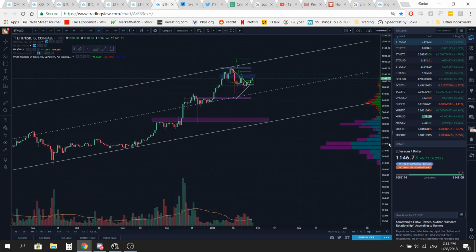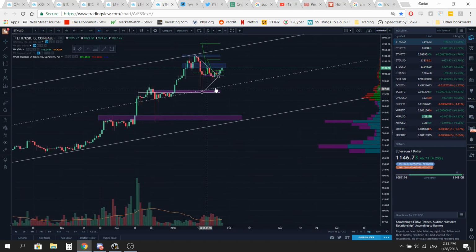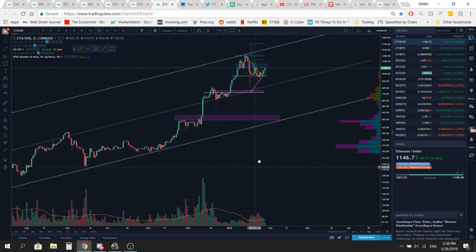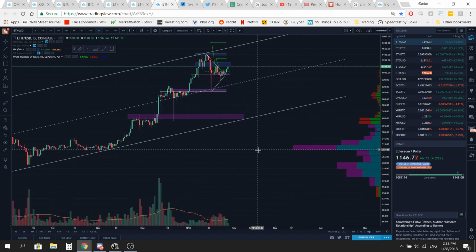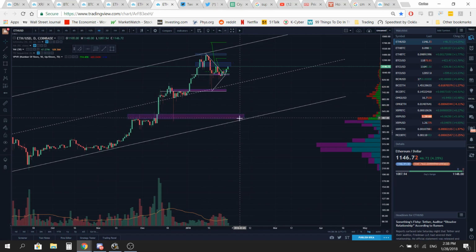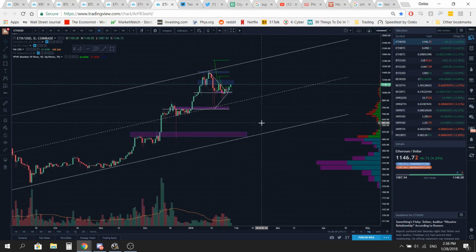But I have mental stops to take profit in this area here. If we break down around 700s, I'll probably take some profits from ETH and then buy back down near the bottom of this channel in this 500 support zone. So we'll see how that plays out.